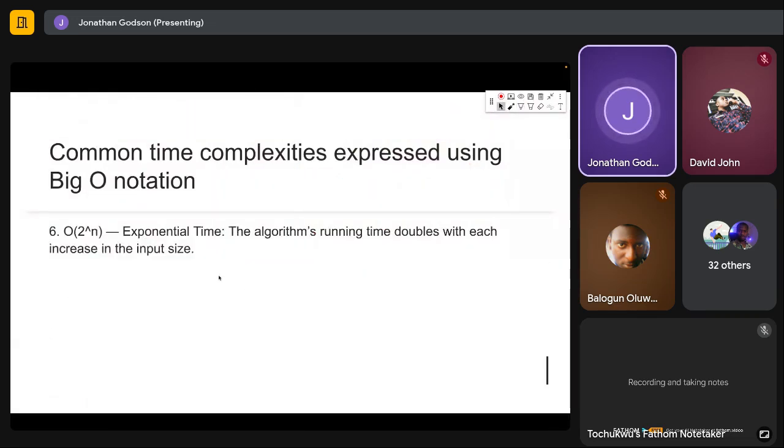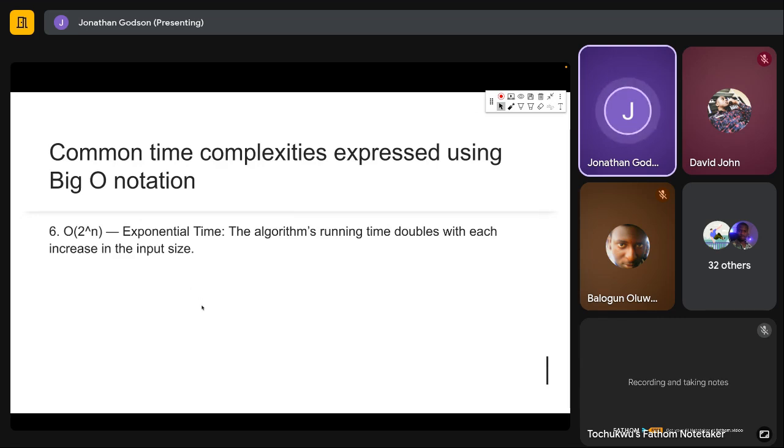Another example is the exponential time, another big O notation for time complexity. This particular situation is rare, so you mostly come across it when you are doing recursion. A good example is the Fibonacci series.